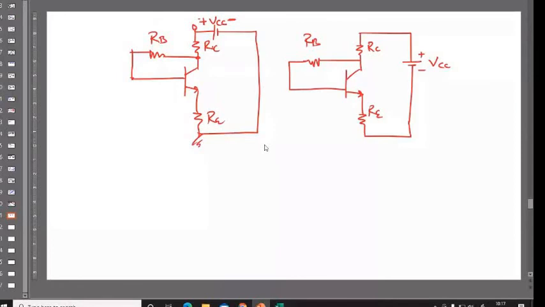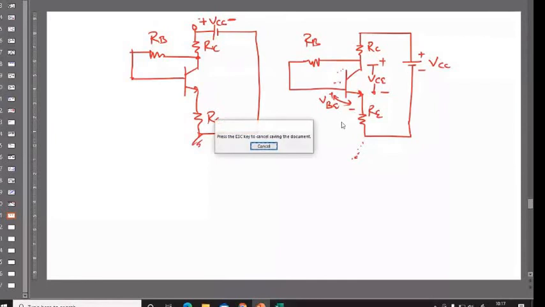Now I know this is VCE, plus minus, and I know this is VE, plus minus. So again, I can reconfigure this network. Just see this.